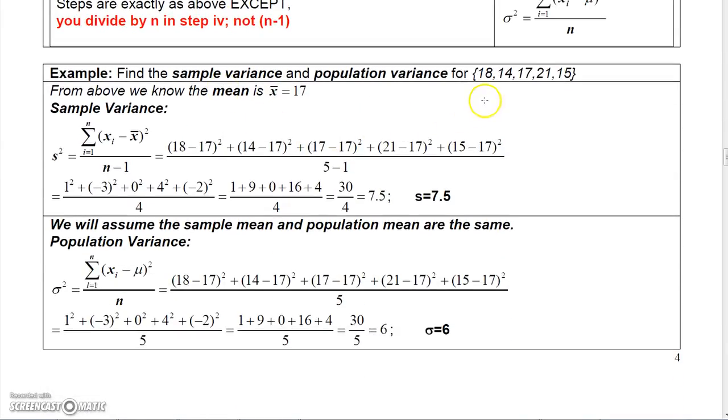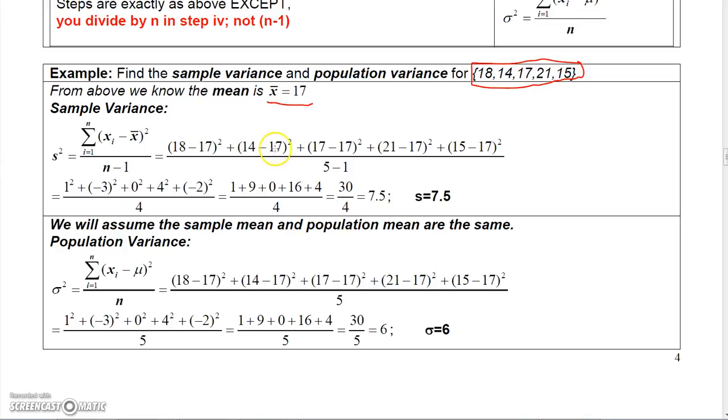So let's say I have these 5 scores, 18, 14, 17, 21, and 15. Now earlier I found that the mean is 17. So we already know the mean is 17. So I'm going to take each score, subtract the mean, and square it. So I take 18 minus 17 and square it.